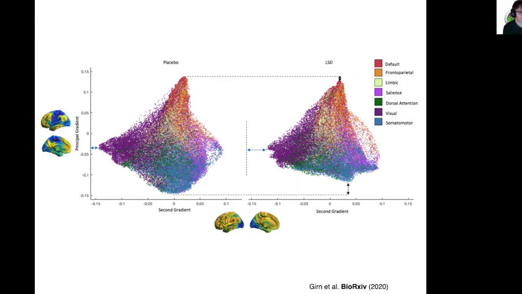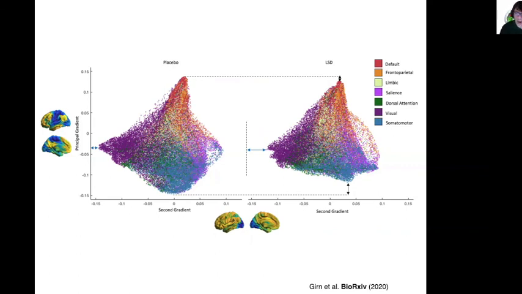Although the distribution of the different points in the brain seems to be a little more constrained in the people who took LSD when you compare it with people who took placebo, indicating that LSD might have changed the way your brain regions communicate during the scan.